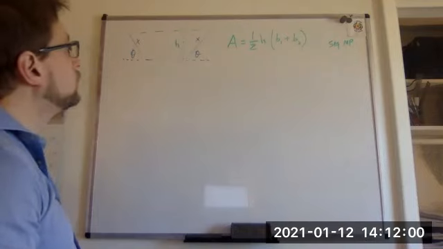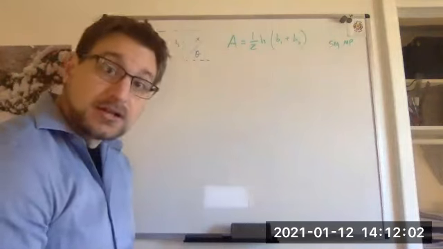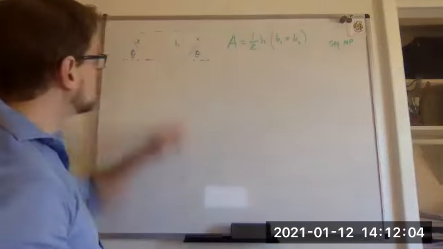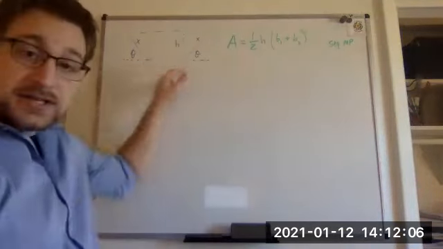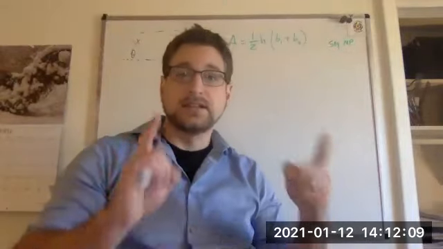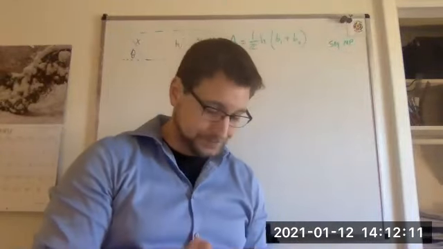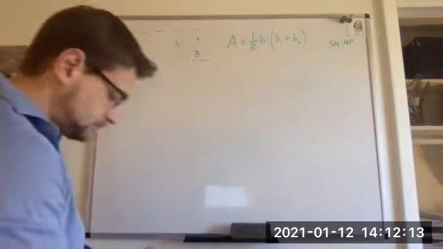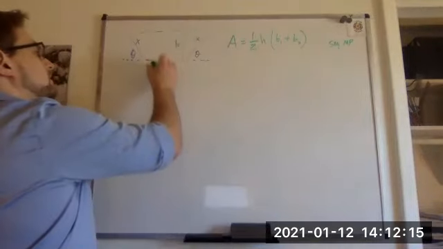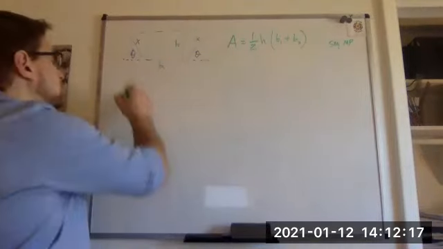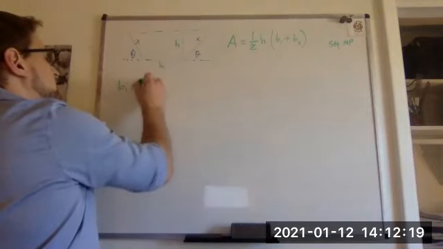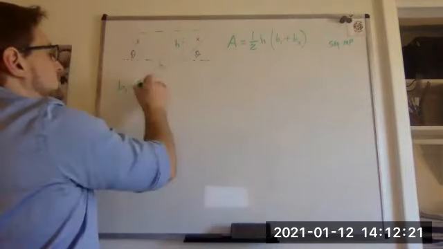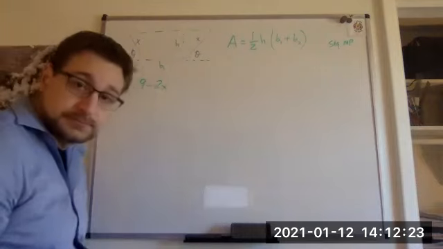Okay, so we know one of the bases in terms of x, this short one here, because this whole strip of metal is 9 centimeters wide. So we know that base 1, let's say, is the whole 9 centimeters minus 2x.